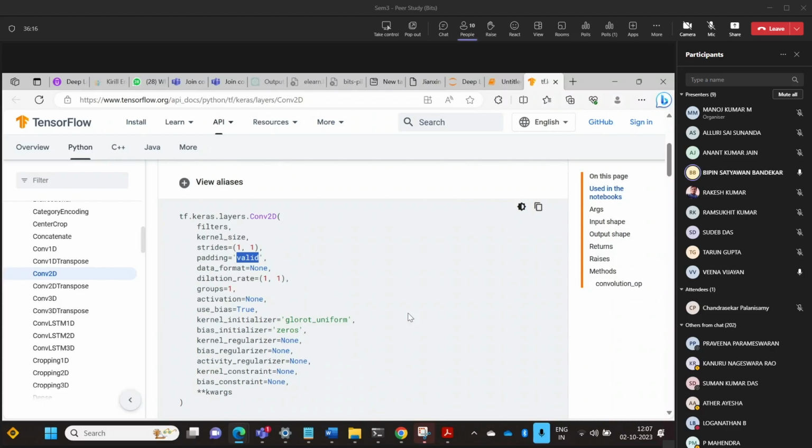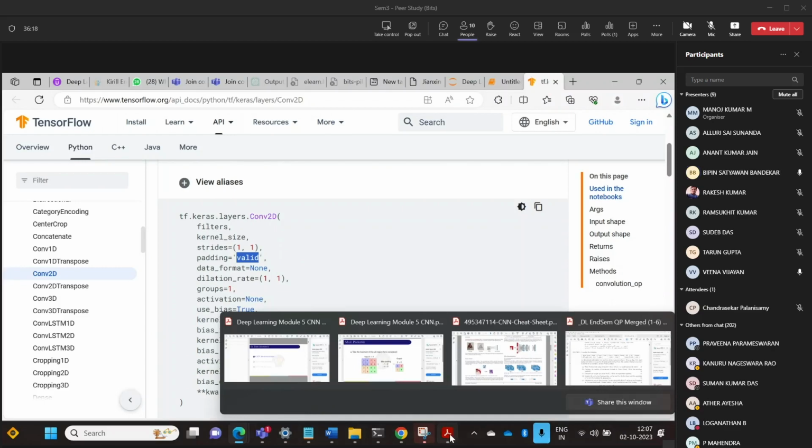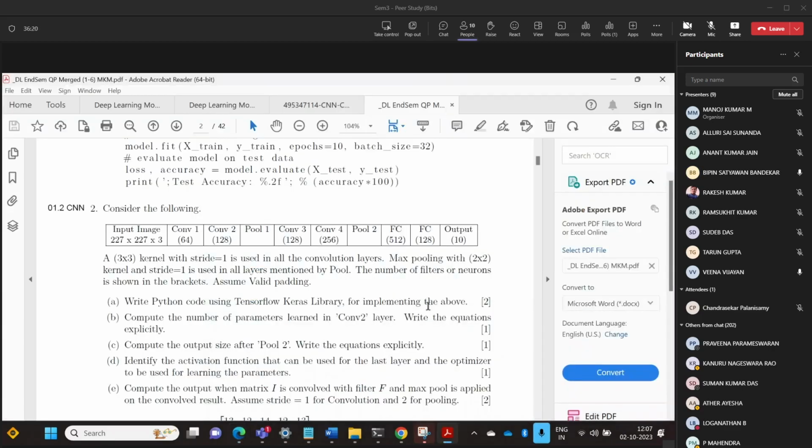So going back to the problem, they have given assume valid padding. That is why it is reducing to 225 cross 225 cross 64 as the output size of the first convolution.